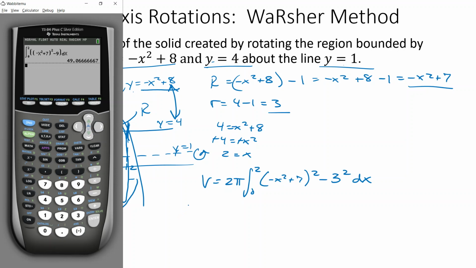So we're getting 49.0666666666. Math, enter, enter. So there it is as a fraction if we want it.